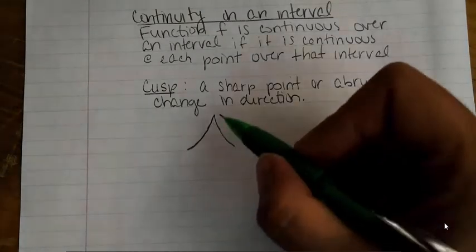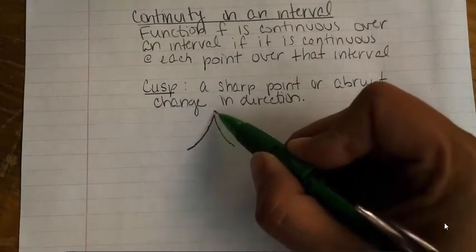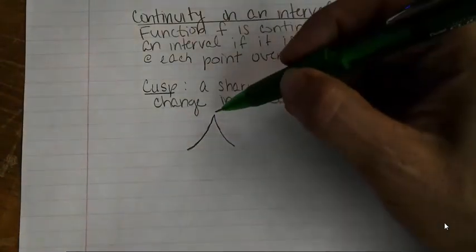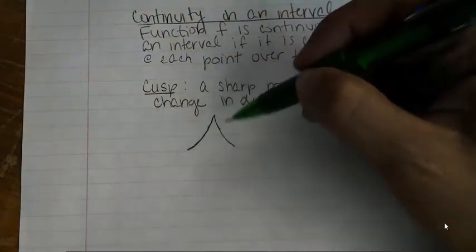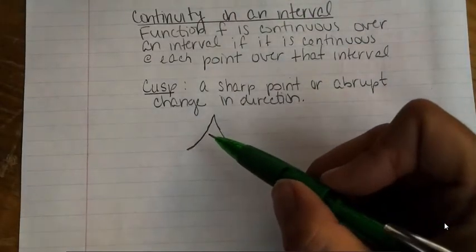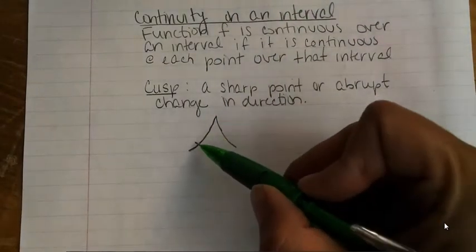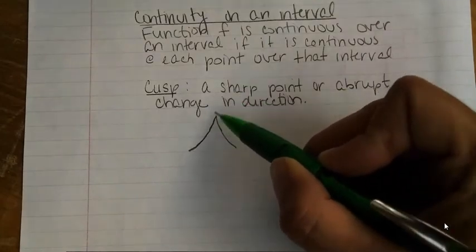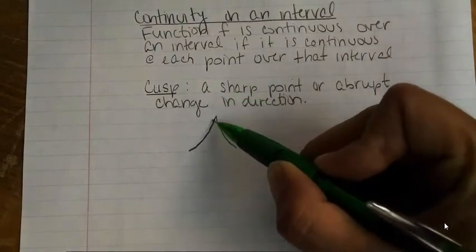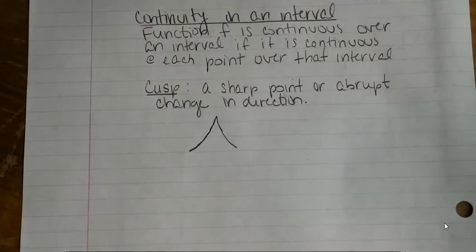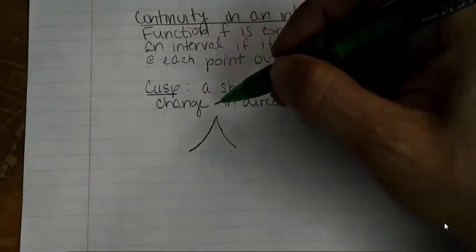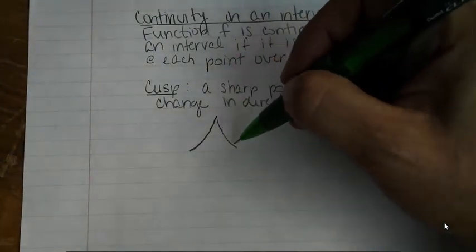So think about if you drew a tangent line on this side and you drew a tangent line on that side, right? To kind of think about the derivative, right? The instantaneous rate of change. Well, the derivative anywhere on this side is going to be positive, right? That slope of that tangent line is going to be positive. And the slope of the tangent line on the other side is going to be negative.